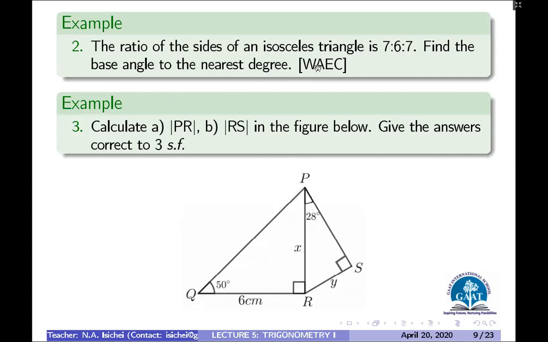And example 3 is this: calculate the magnitude of line segment PR and that of line segment RS in the figure below. Give your answers to 3 significant figures. So here's the figure. Now I'll quickly show you the solutions to those examples as we continue with the lesson.